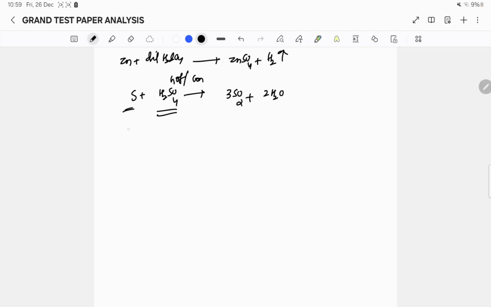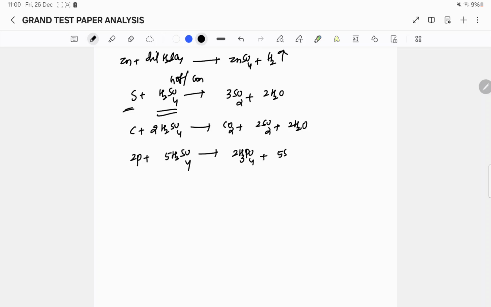Now other non-metals: carbon reacted with H2SO4 will produce carbon dioxide plus SO2 plus 2H2O as the products. Similarly, phosphorus reacted with sulfuric acid will produce orthophosphoric acid along with sulfur dioxide and water.